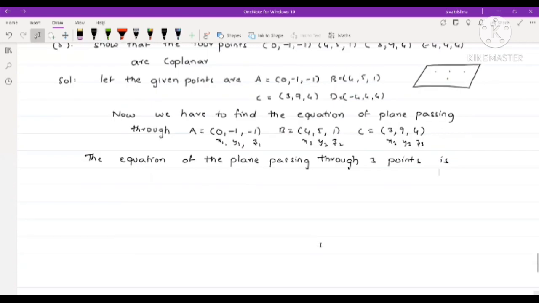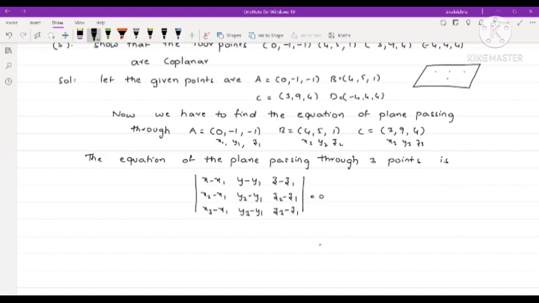The formula is the determinant of x minus x1, y minus y1, z minus z1 in the first row, x2 minus x1, y2 minus y1, z2 minus z1 in the second row, and x3 minus x1, y3 minus y1 and z3 minus z1 in the third row, is equal to 0. This is the formula to find the equation of the plane through 3 points.